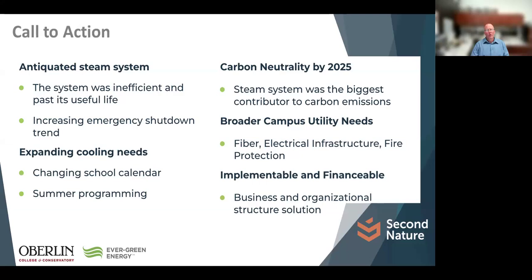And then the overall Sustainable Infrastructure Program continued to expand as we were in planning and design activities because of some other infrastructure needs around electrical and fiber and their fire protection systems and their control systems. And so we took what was a carbon neutrality program and turned it into a much more broad sustainable infrastructure program.